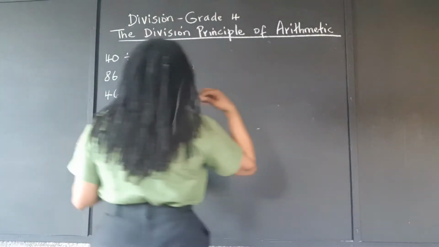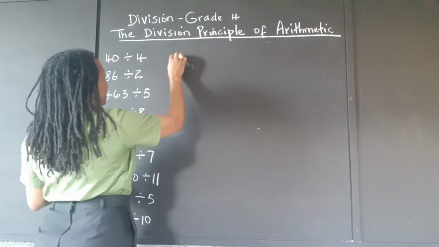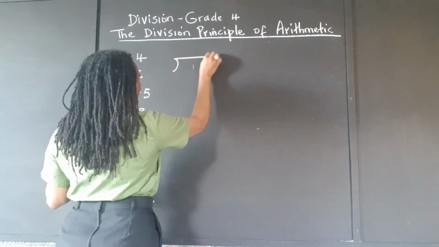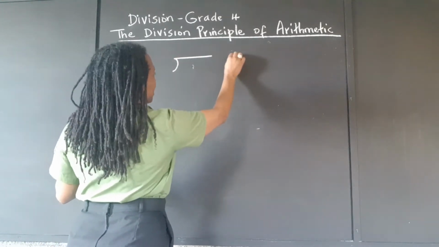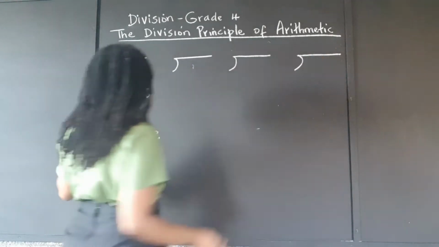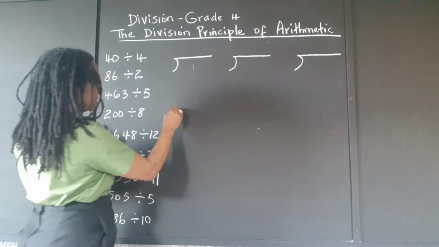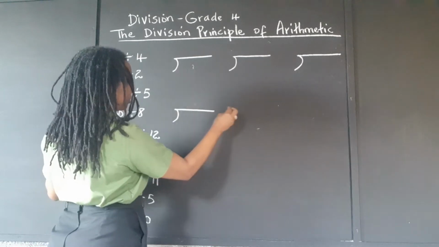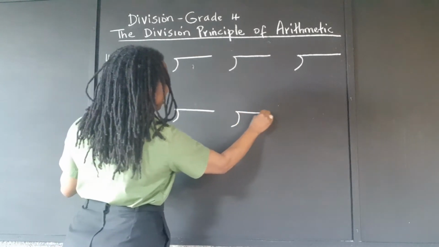So what we do, we will set it out using our division symbol here. So I'm just going to go ahead and put 9 of them, since we have 9 division problems to work today.